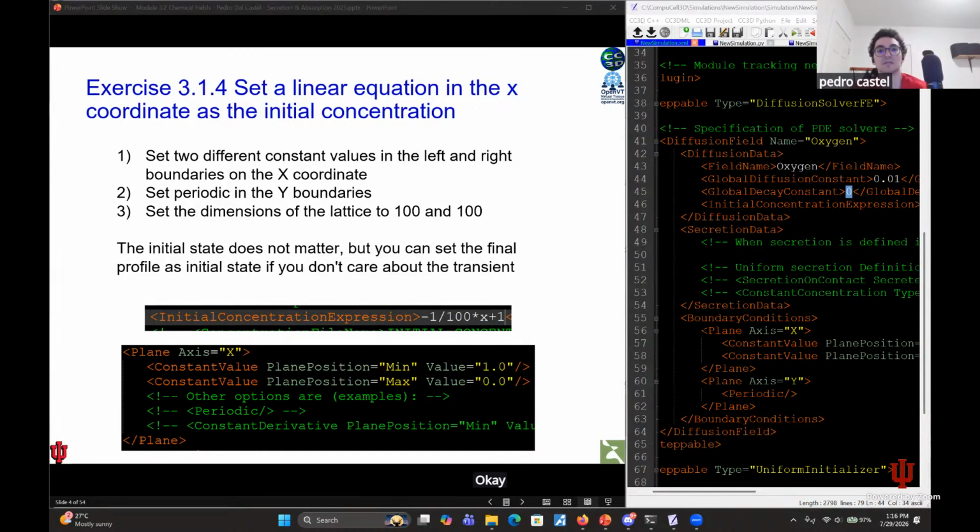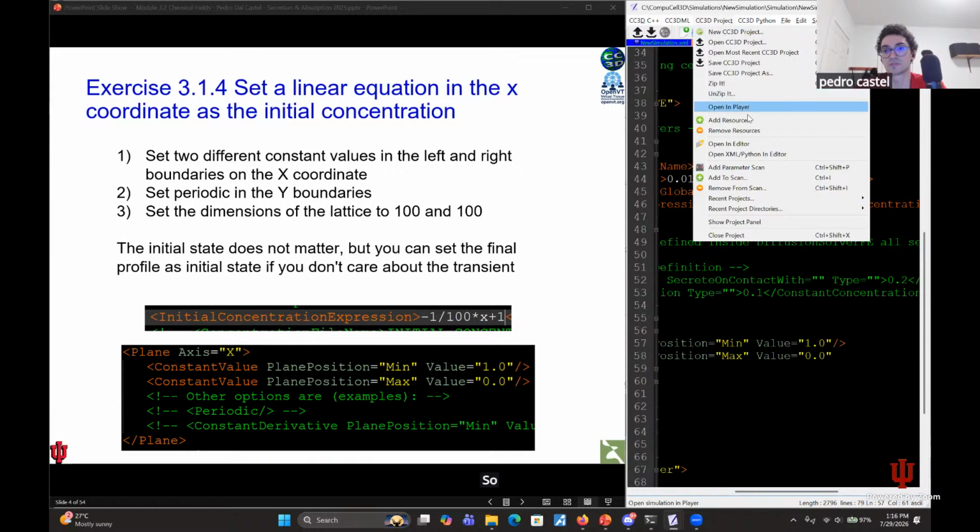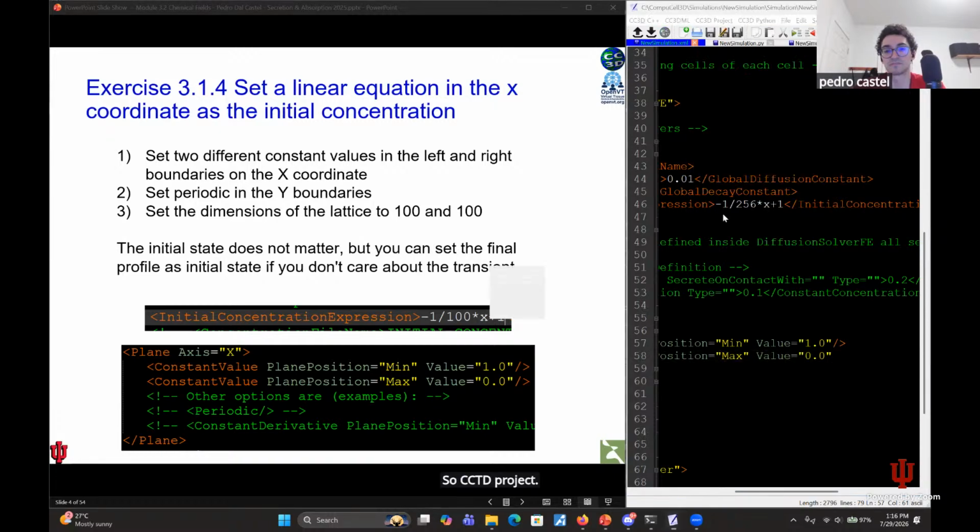Okay. There is a problem in the chat, mismatched tag. This problem happens, for example, if I don't have this here. If I don't have this, I will have the same problem. So CC3D project, opening player.